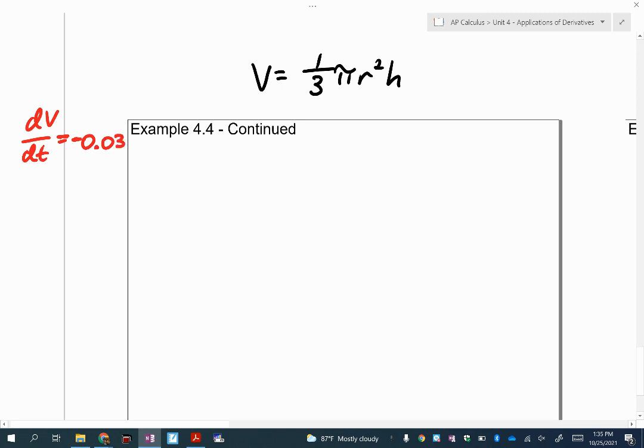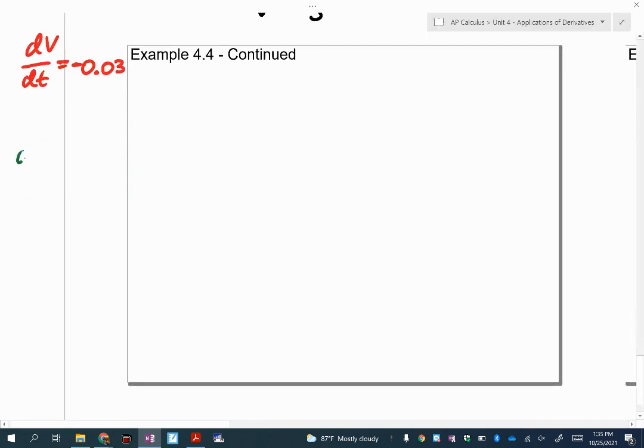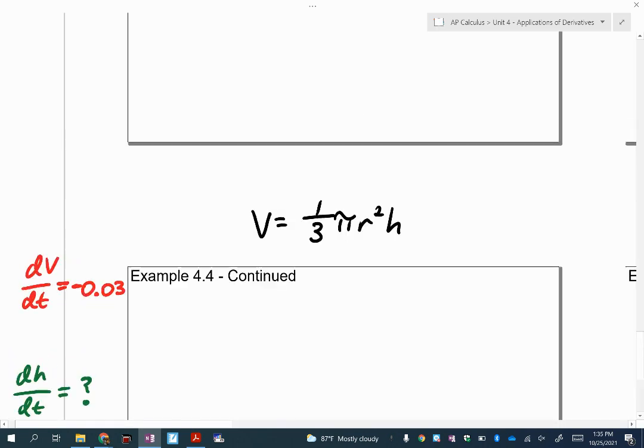So that's my dV over dt. And we're trying to find the rate at which the height of the water is changing. So I'm trying to find dh over dt, right? That's my question mark. So I'm going to look for a way to mathematically get rid of that letter r.